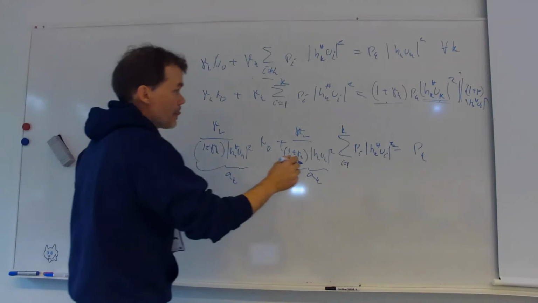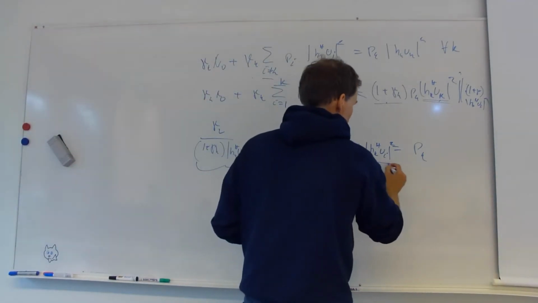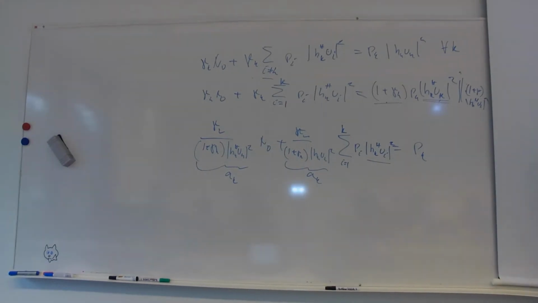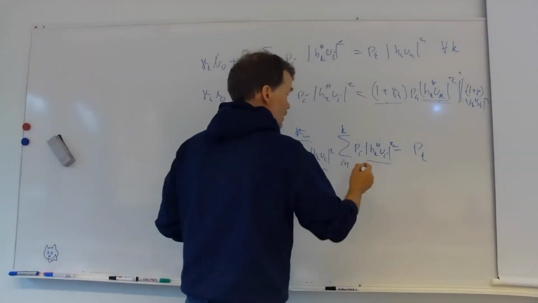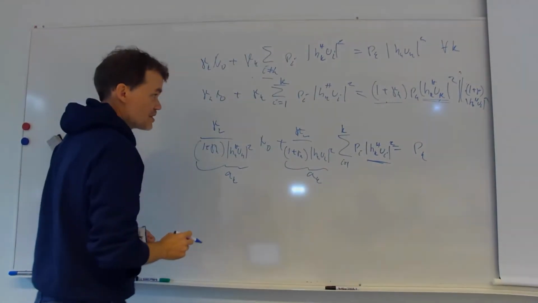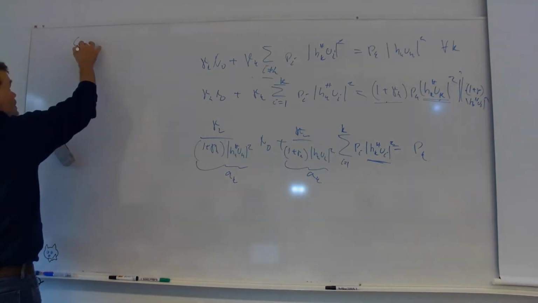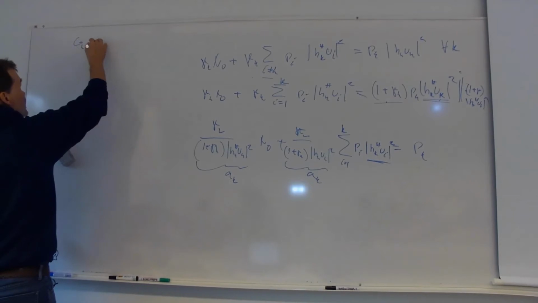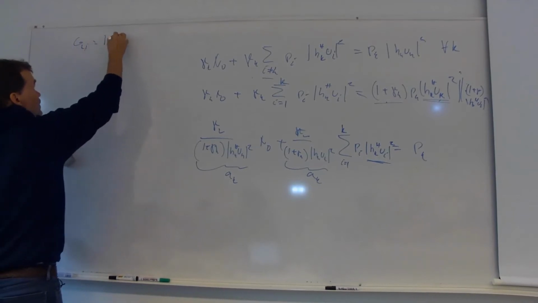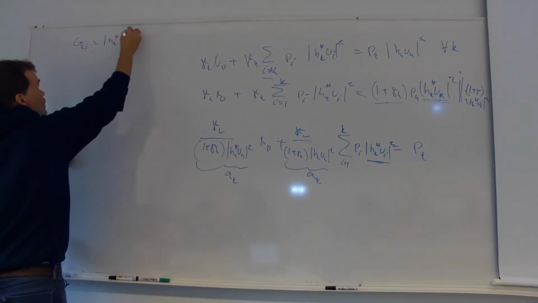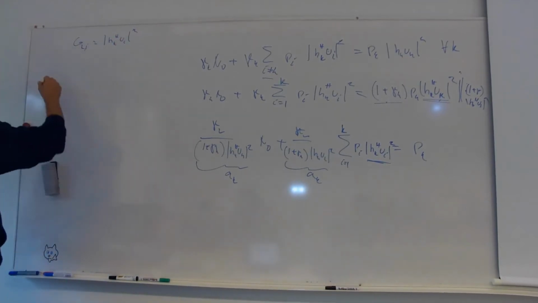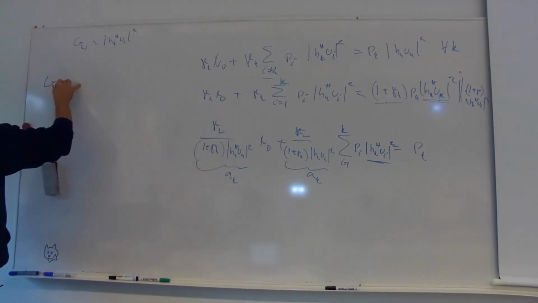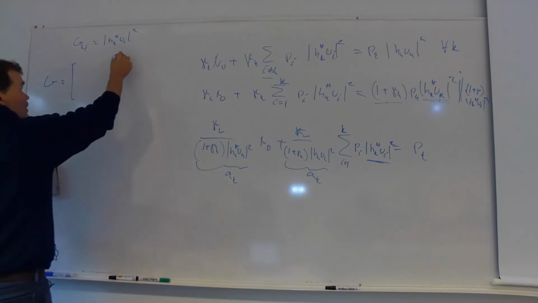So if we now denote the scalars h_k^H u_i as g_ki, we can collect all these terms. Let's assume the number of users is 3. So we can collect all these terms into a matrix.